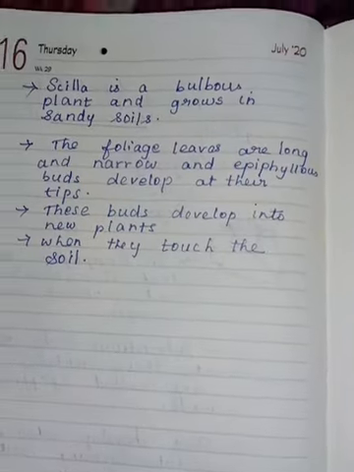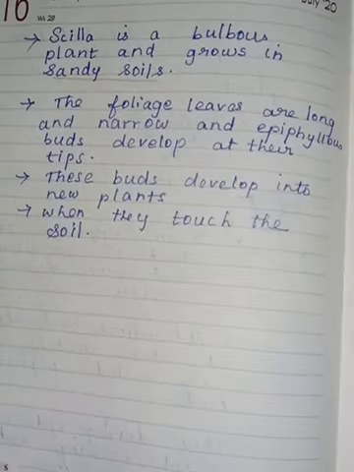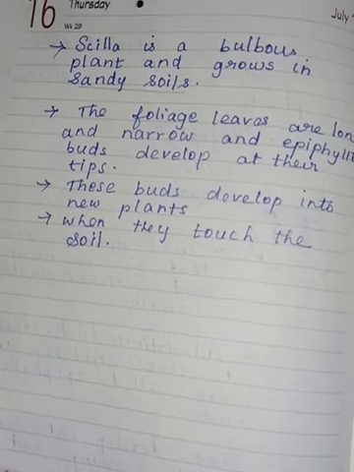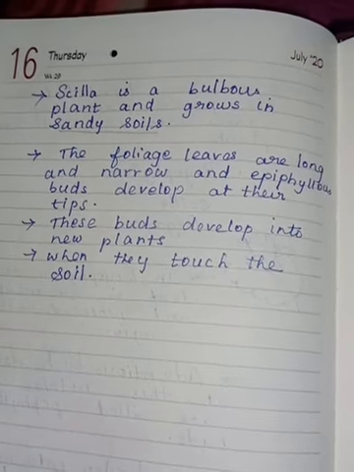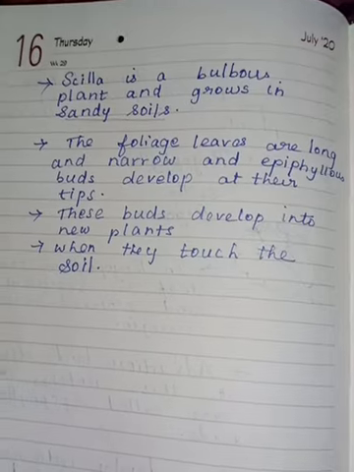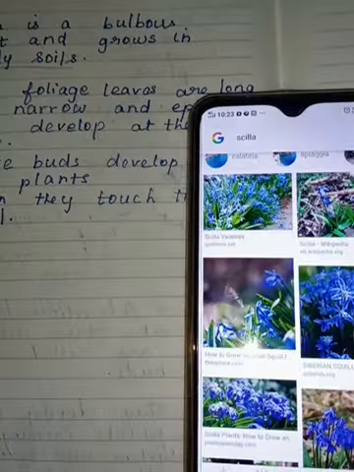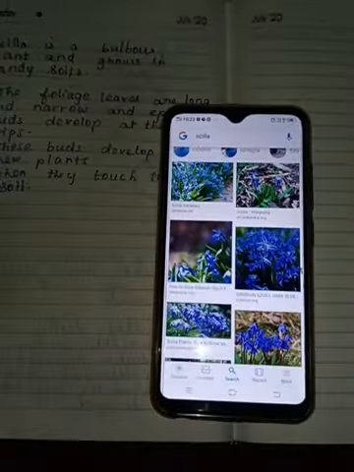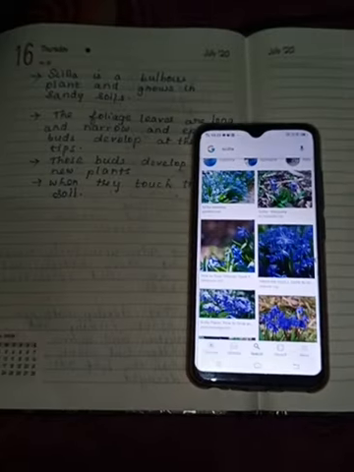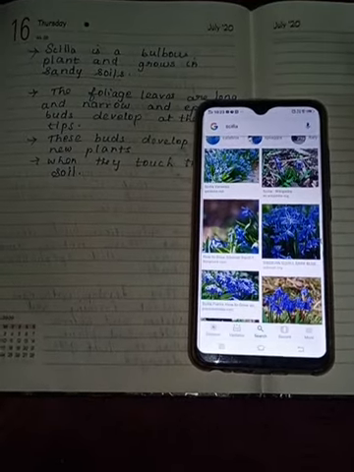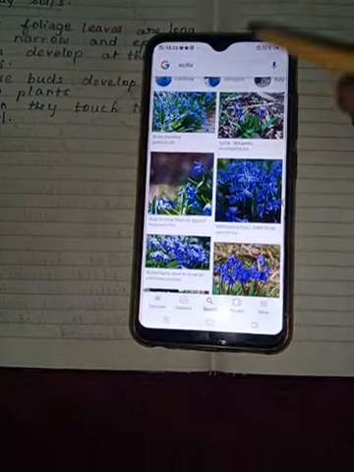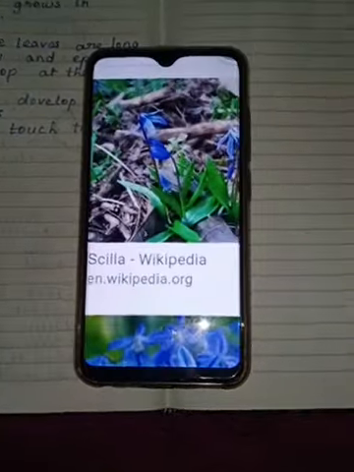So next one is Scilla. Okay, we saw the picture of Scilla, right? Scilla is a bulbous plant and grows in sandy soil. Okay, this one. The foliage leaves are long and narrow. How is the leaf? See the leaf.